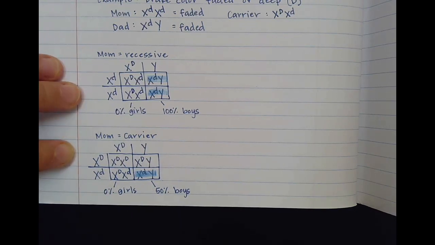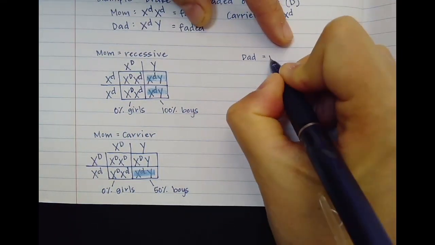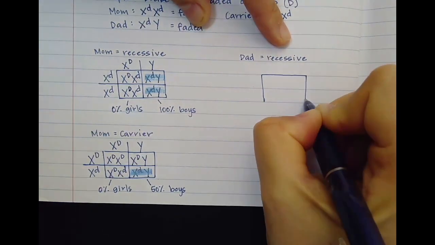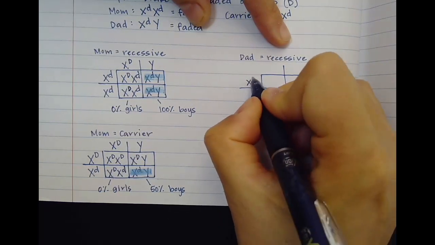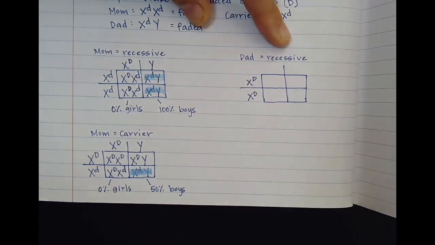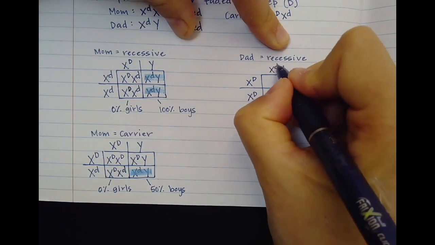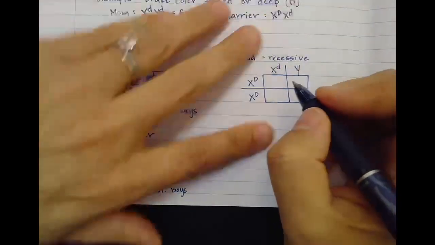Let's see what happens when dad has the recessive trait. So mom doesn't have the trait, and she also is not a carrier. Dad has the recessive trait, but again, he only needs one copy of that because he has a Y chromosome instead of two X chromosomes.